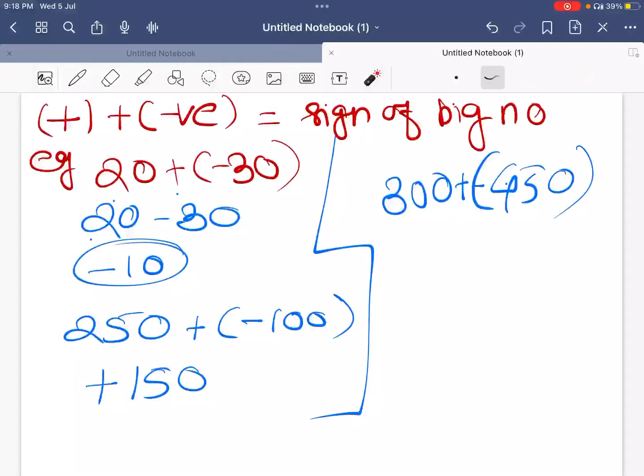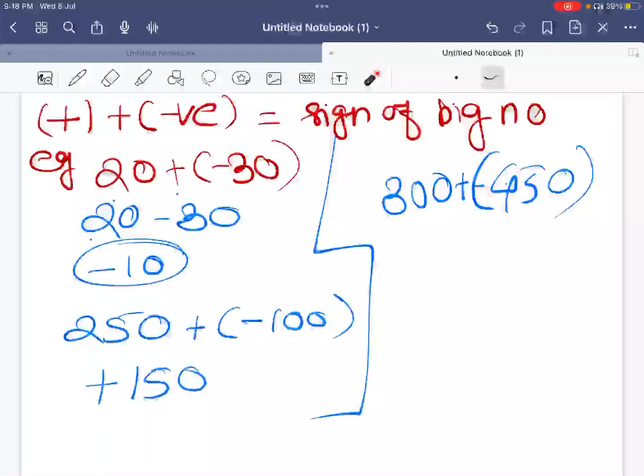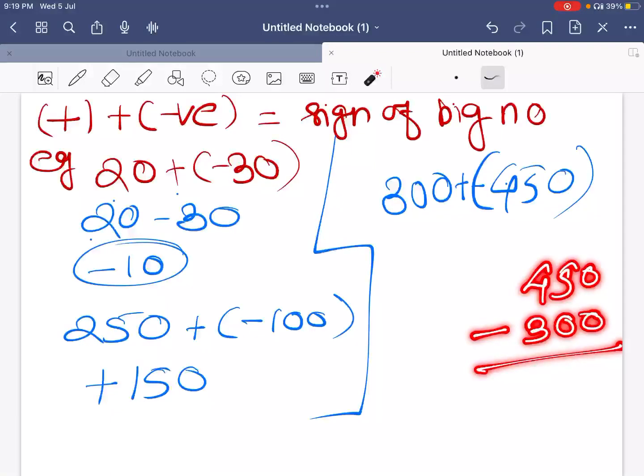So here, this is a positive term, this is a negative term. So one is positive and another one is negative. So as per the previous formula, what we have to do is simply take a subtraction. Simply take a subtraction means 450 minus 300. 450 minus 300 is around 150.